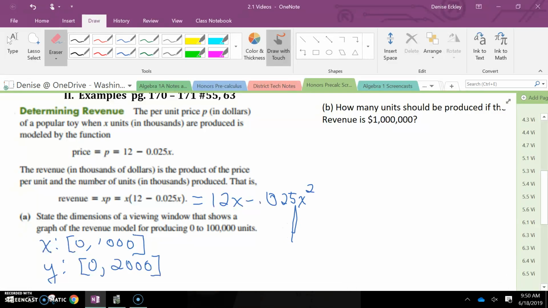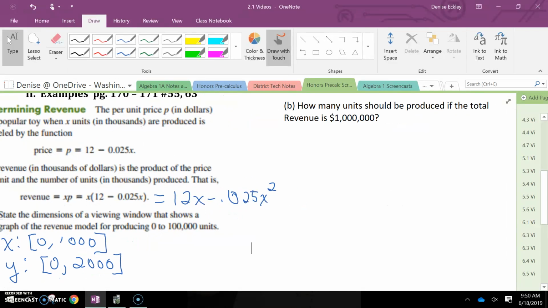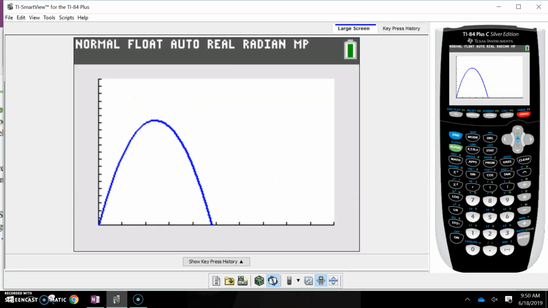Okay, now I want to know next, how many units should be produced if the total revenue is $1 million. So now I need to go on my graph and find out where $1 million is. So I'm going to hit trace, and unfortunately you can't directly trace a Y value.